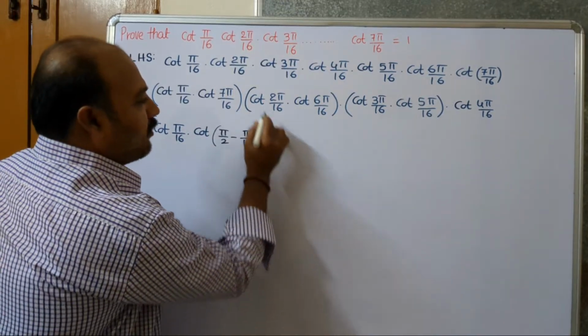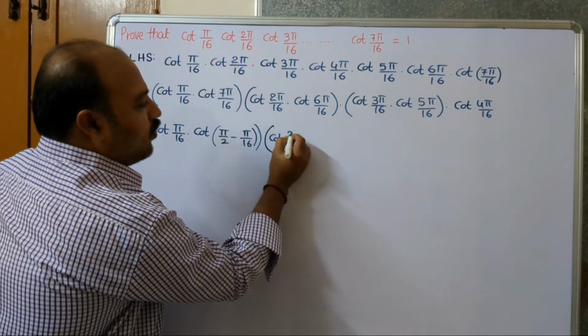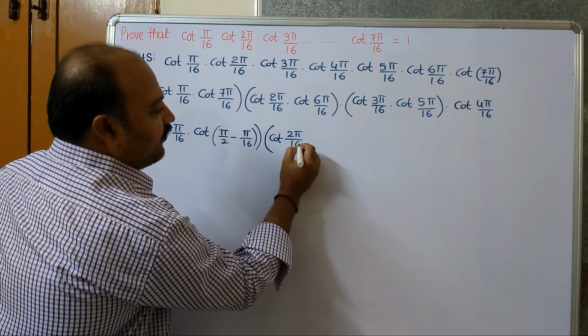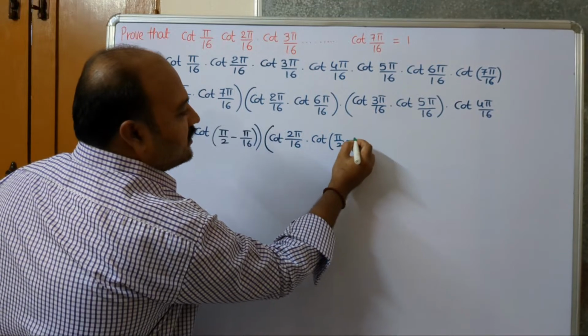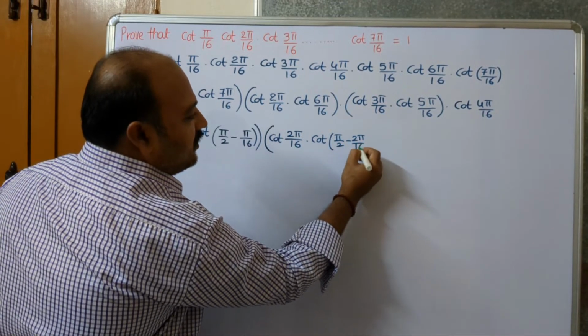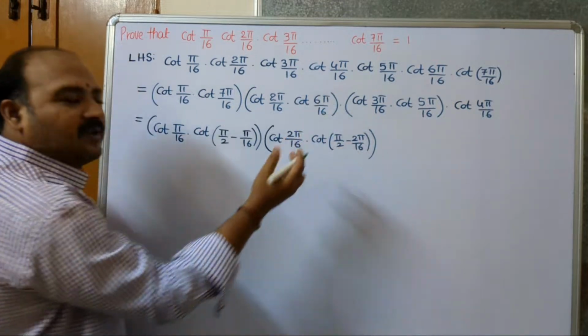Now come to the second bracket. Cot 2 pi by 16 into cot of pi by 2 minus 2 pi by 16. This meaning is 6 pi by 16 only.